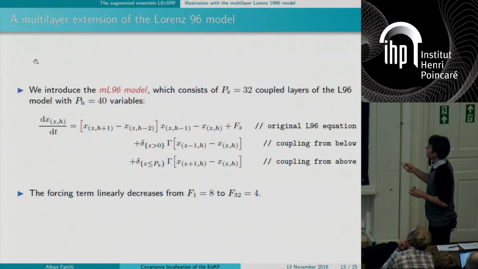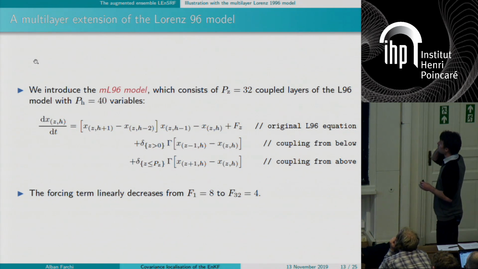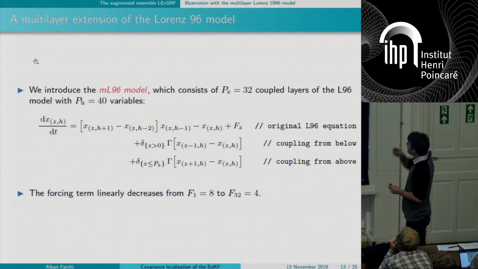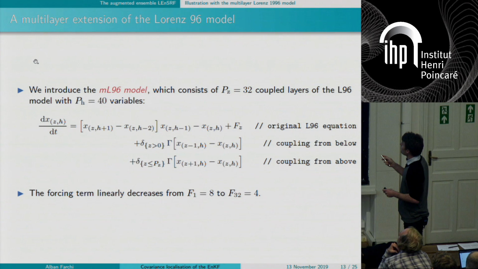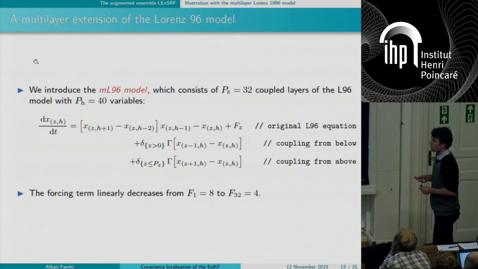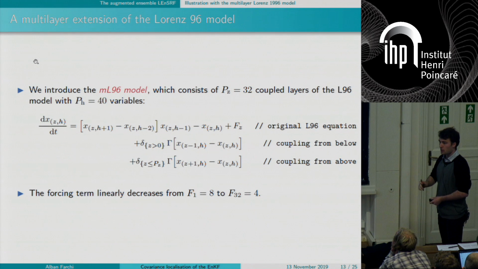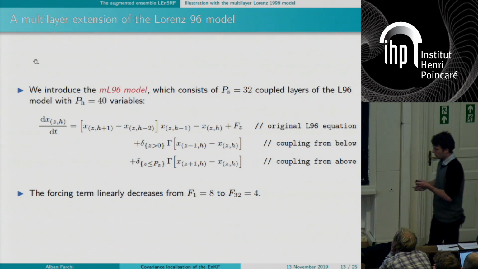You recognize here the first line, which is the original Lorenz 96 equation. And you have here two coupling terms between adjacent layers, one coupling from below, one coupling from above. And last point, we will take a forcing term linearly decreasing from 8 at the bottom layer to 4 at the top layer.